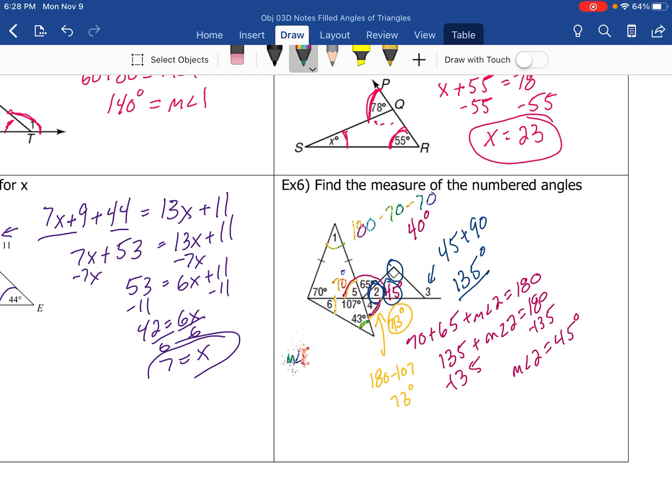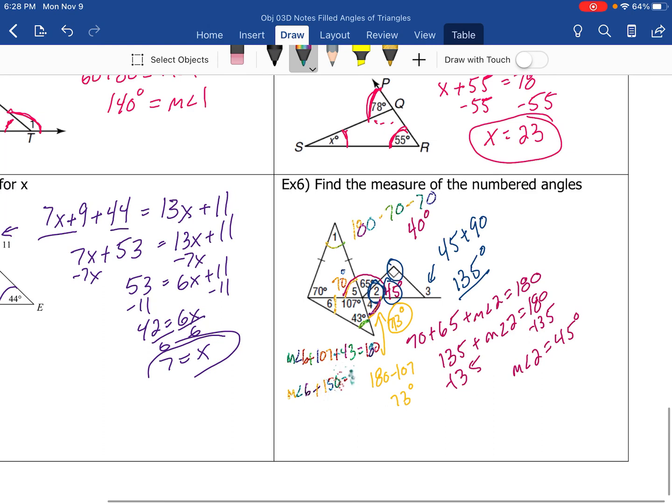I also know that the measure of angle 6 plus 107 plus 43 is equal to 180. And so the measure of angle 6 plus 150 is equal to 180. The measure of angle 6 is equal to 30 degrees. So we have 6 is 30.